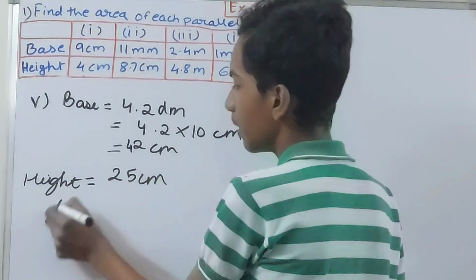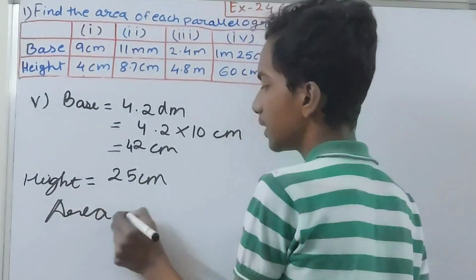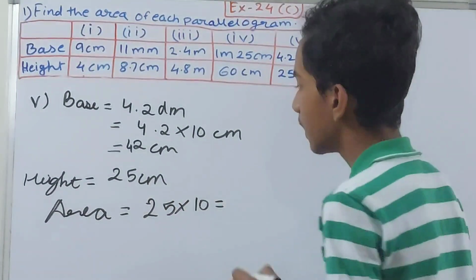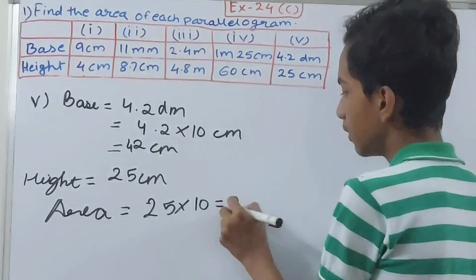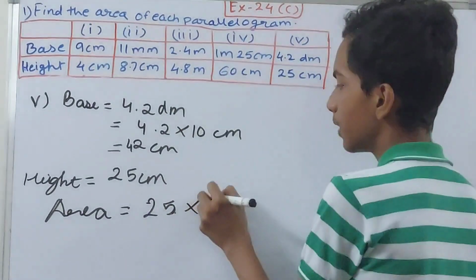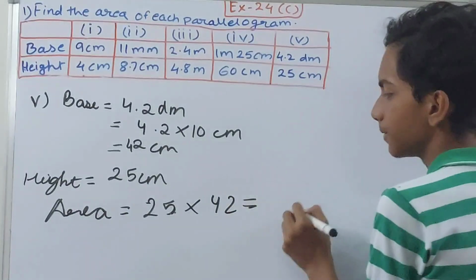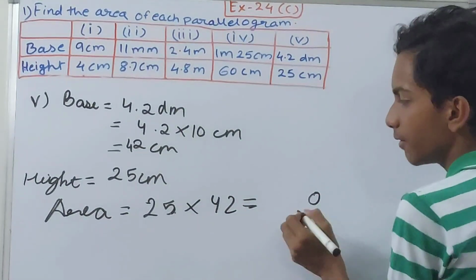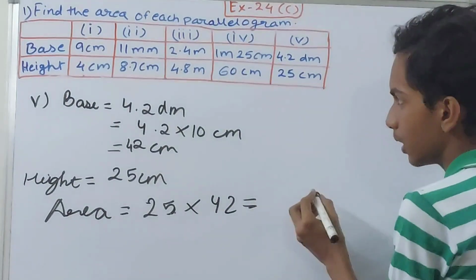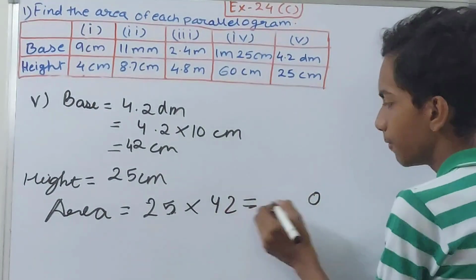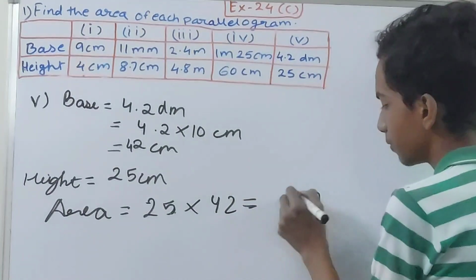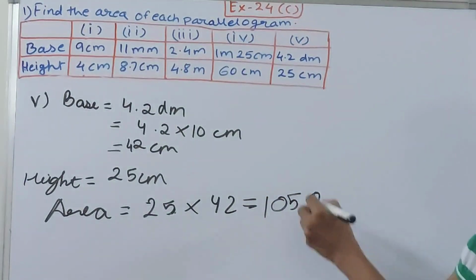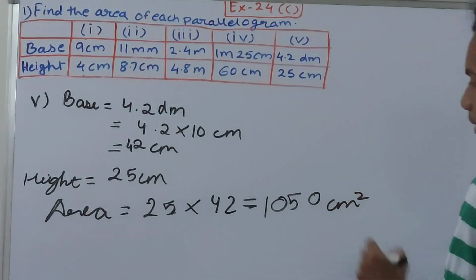So the area becomes base times height, 25 into 42. 25 into 2 is 50, 25 into 4 is 100, so 1050. Again put the unit, square centimeters.